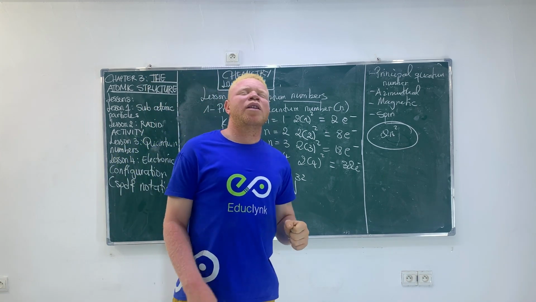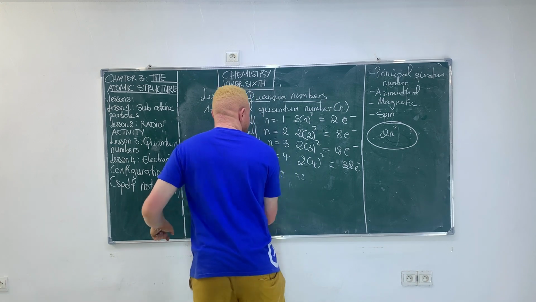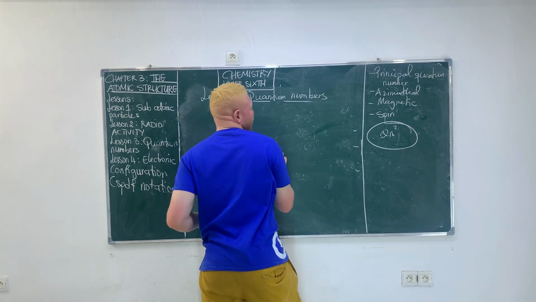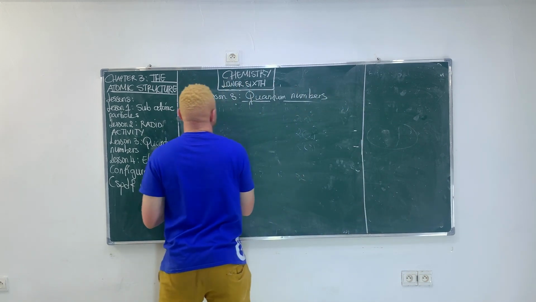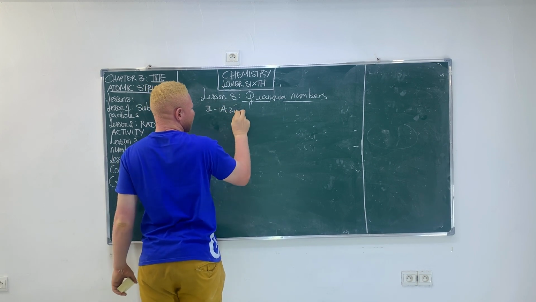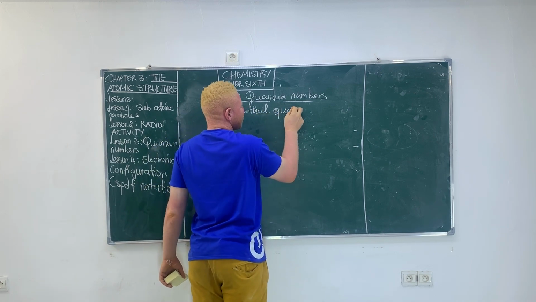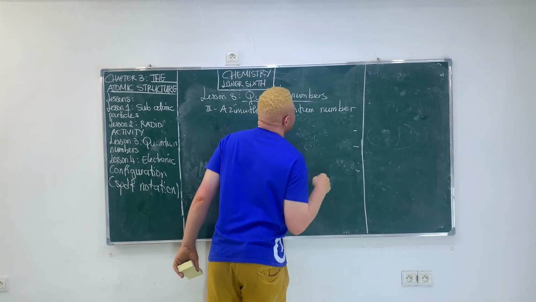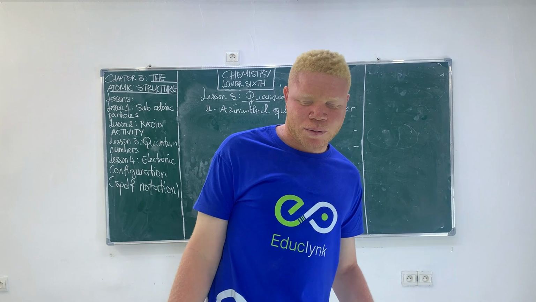Talking about the subshell, we're going to see the azimuthal quantum number. The azimuthal quantum number indicates the subshell in which the electron is found.